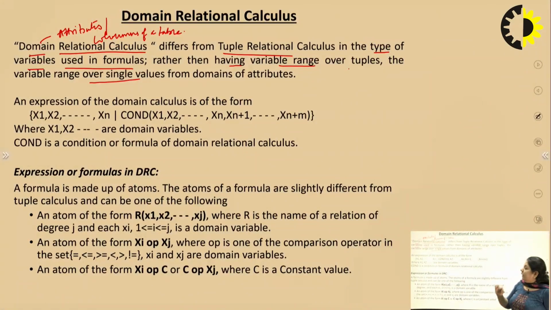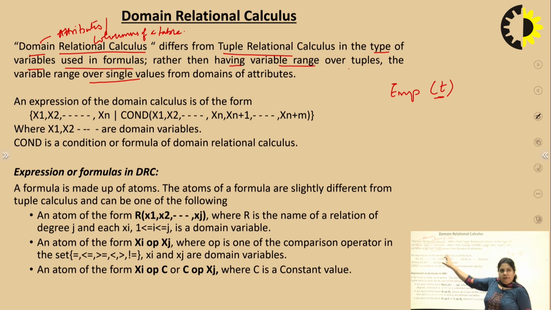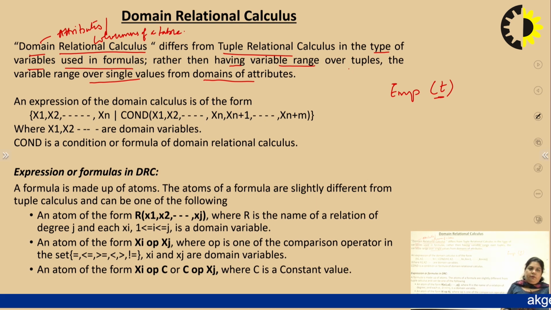In tuple relational calculus, if we have an employee table, then we take the employee as an alias T, and we use this variable according to whatever column we are going to fetch, or to fetch a row. So in domain relational calculus, we are using only a single variable range. We are not having multiple variable ranges here, and from the domains of the attributes, we have a single range of attributes or columns.